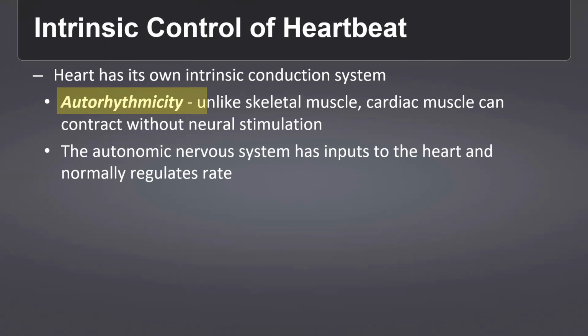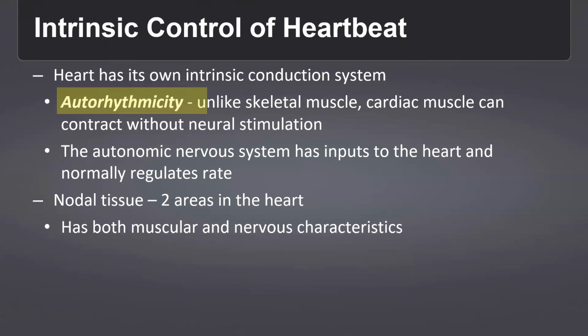Now there are two areas of the heart that stimulate it to beat, that have that nodal tissue that basically has that electrical potential to stimulate your heart to contract and beat. So nodal tissue has both muscular characteristics, so it's a muscle, but it's also got nervous characteristics. So it can send out electrical signals to the other parts of the heart.